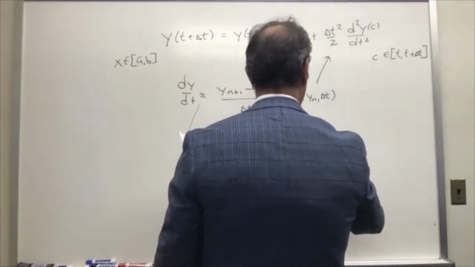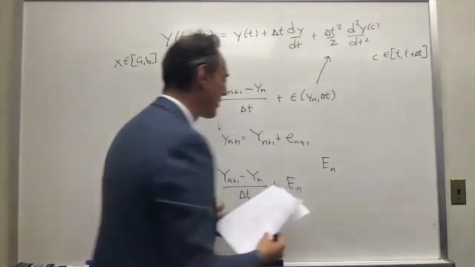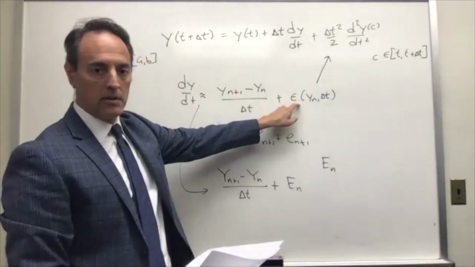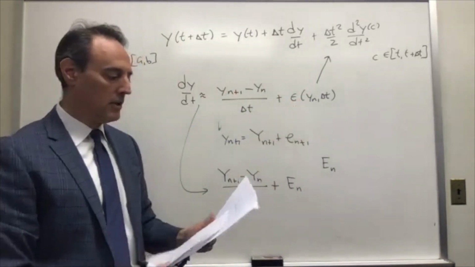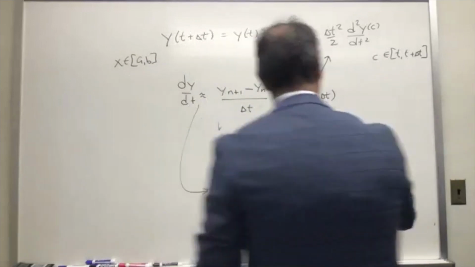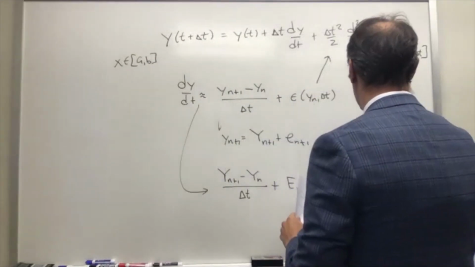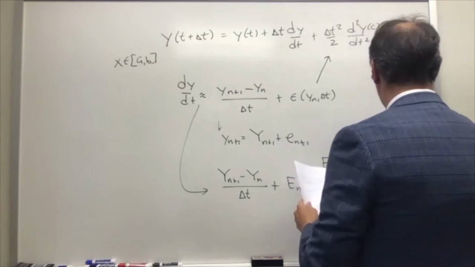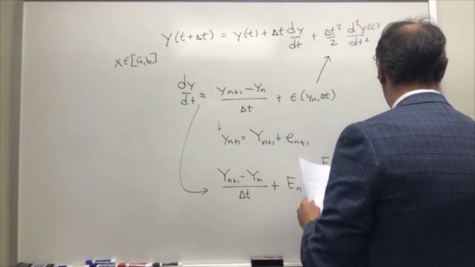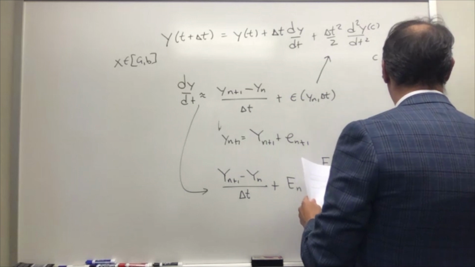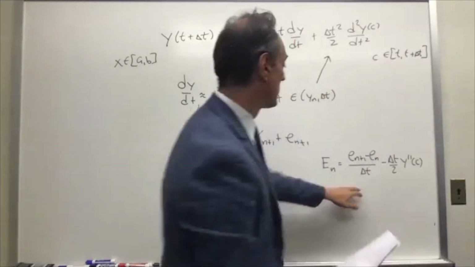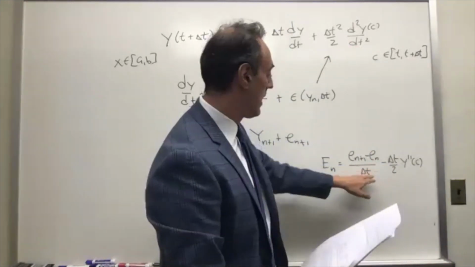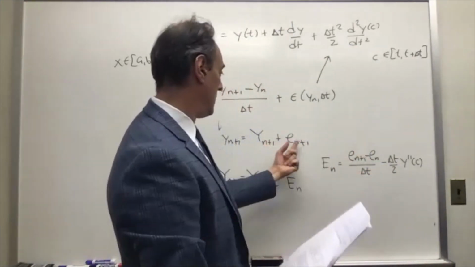The error term is the numerical round off plus the truncation. So my numerical error is e of n plus 1 minus e of n over delta t, minus delta t over 2 times the second derivative at c. The last term comes from the truncation, and the first comes from the numerical round off.